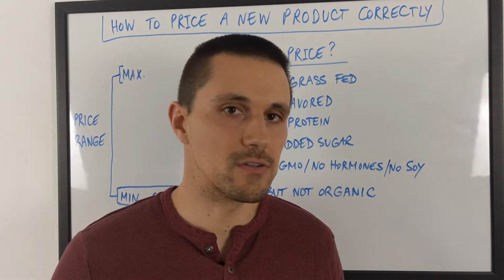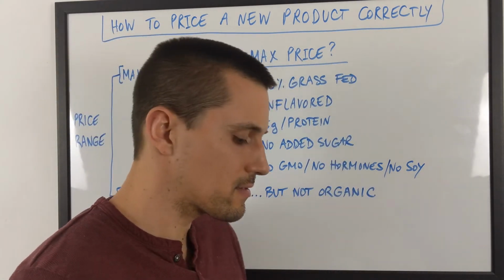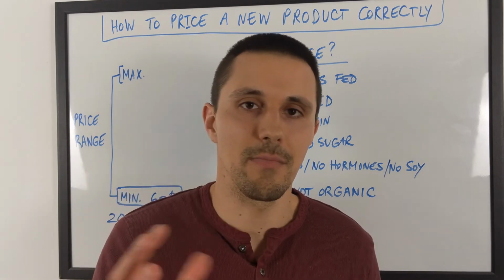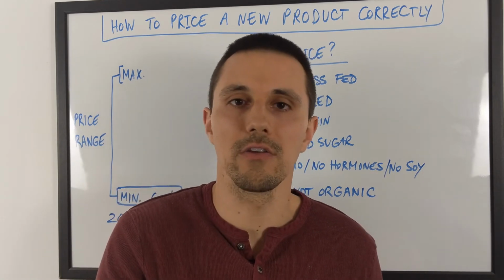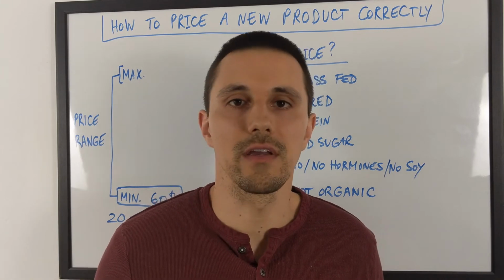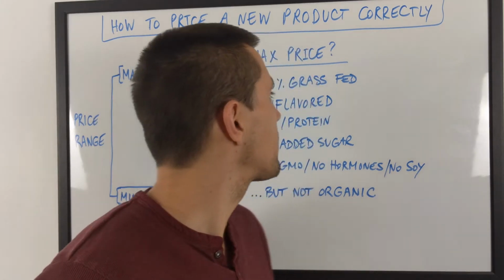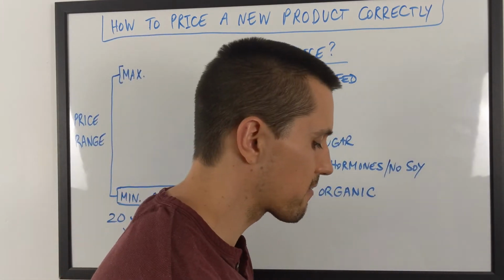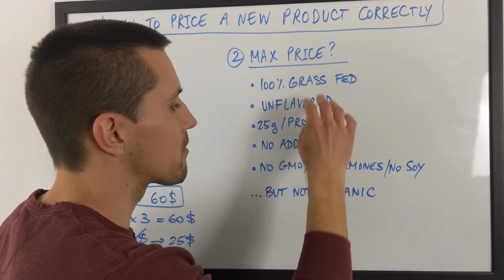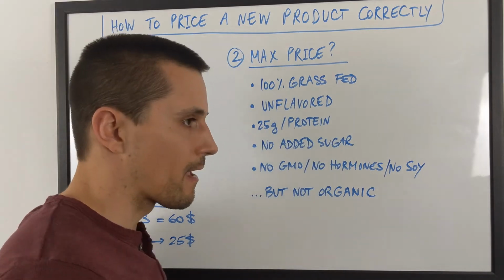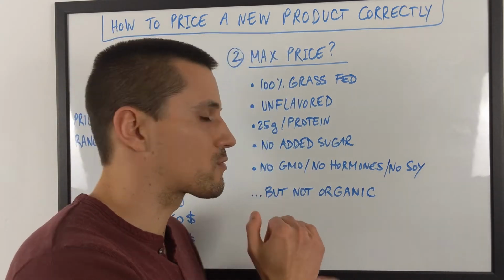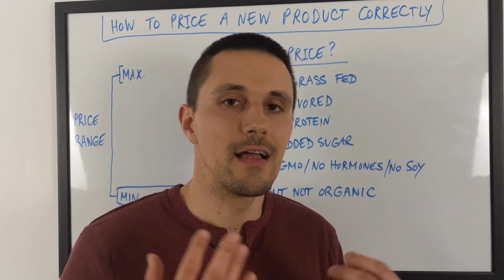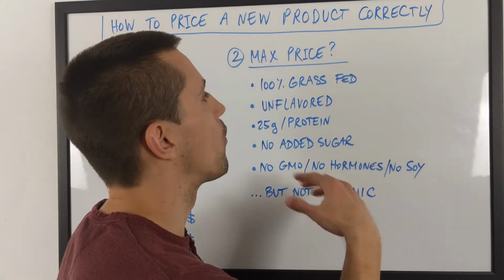So my search to find out the max price would be to go on Amazon or Alibaba or whatever. It depends on the region where you are. Imagine you are in the US, it's usually going to be Amazon or Google. For the same 5 pound unflavored protein, you look for these different expressions, and you try to find the max price you can find on Amazon, which is going to be an organic whey protein.